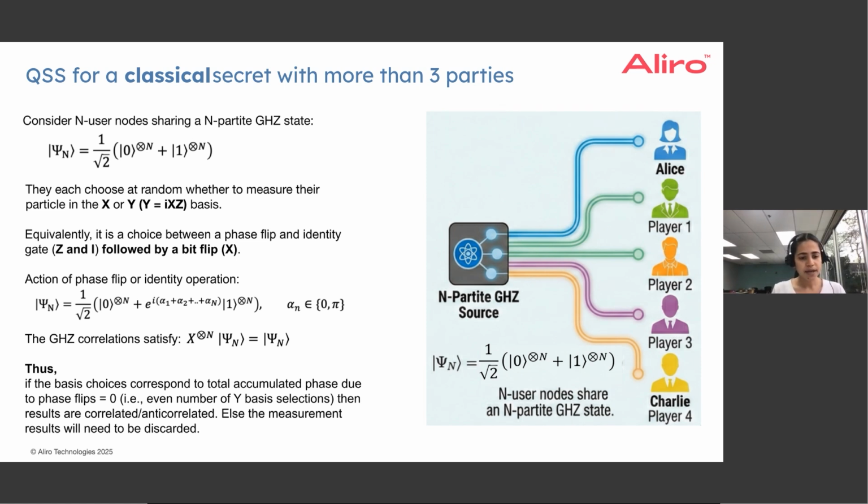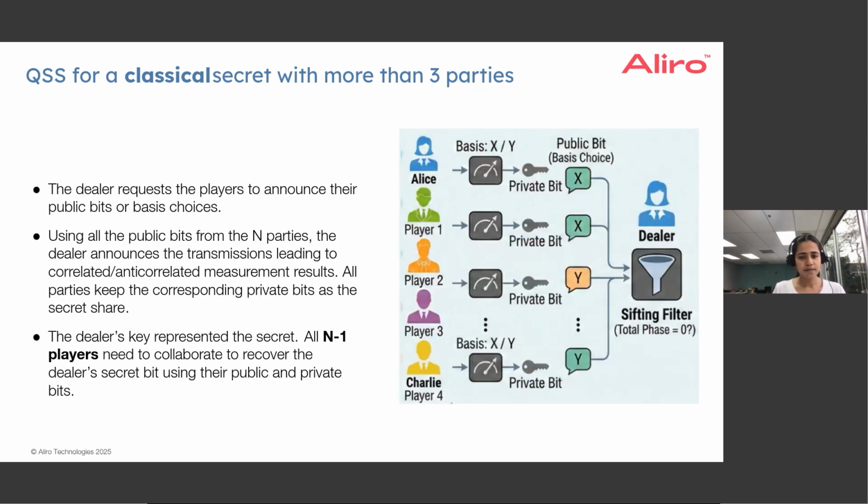So with that in mind, let's come back to summarizing this whole protocol. Even in this multipartite GHZ state scenario, there is a single dealer and there are n-1 players, and the n-1 players in fact have to collaborate and bring their shares together.